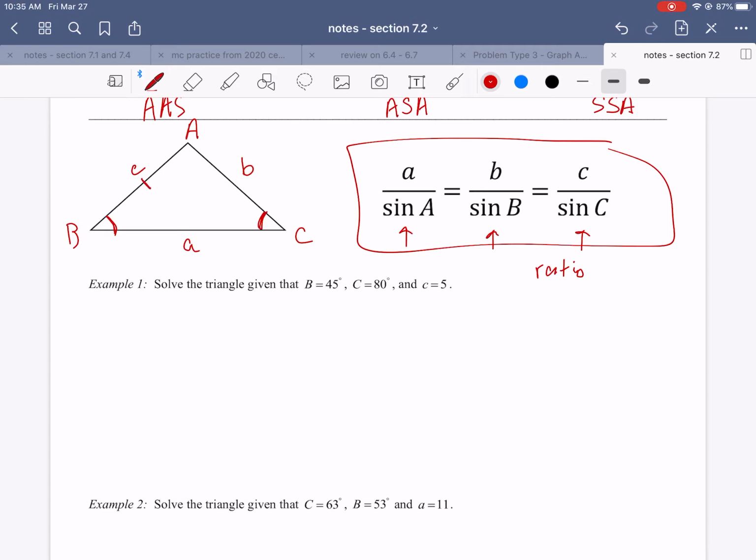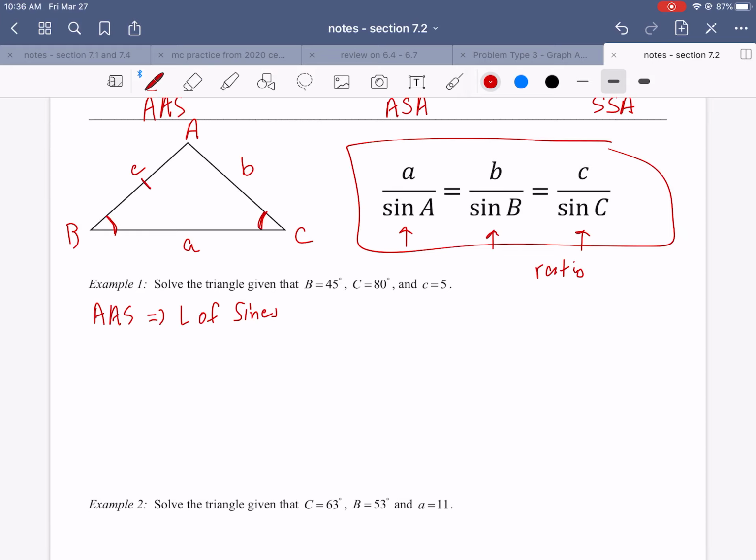And so you can see that I'm given angle here, and side here. So this is angle, angle, side, which means we are going to use the law of sines, which you could probably guess since this is the law of sines notes, and we haven't talked about any other laws just yet.